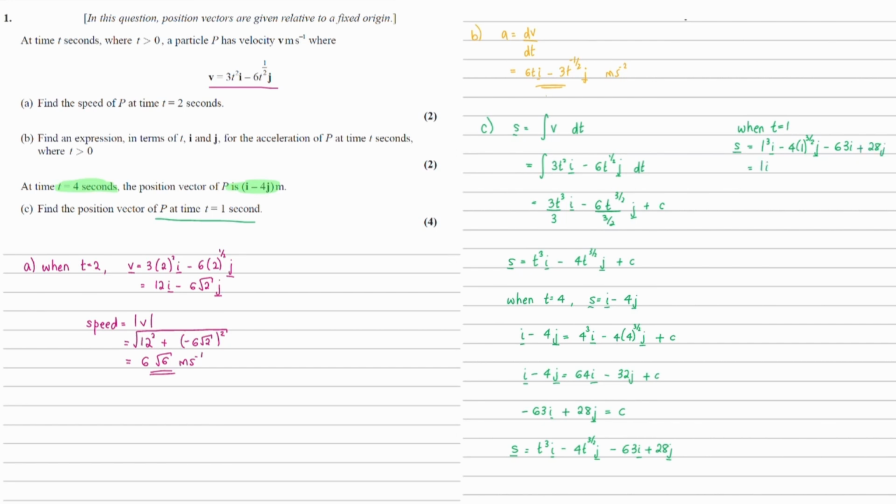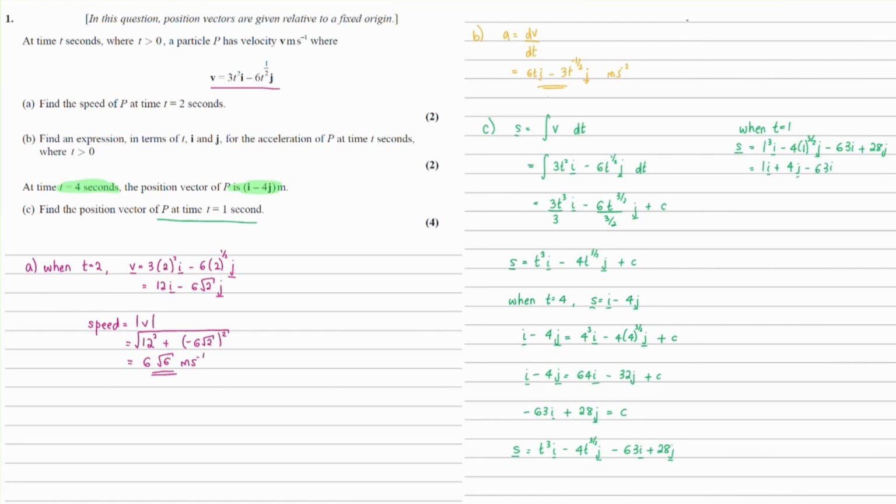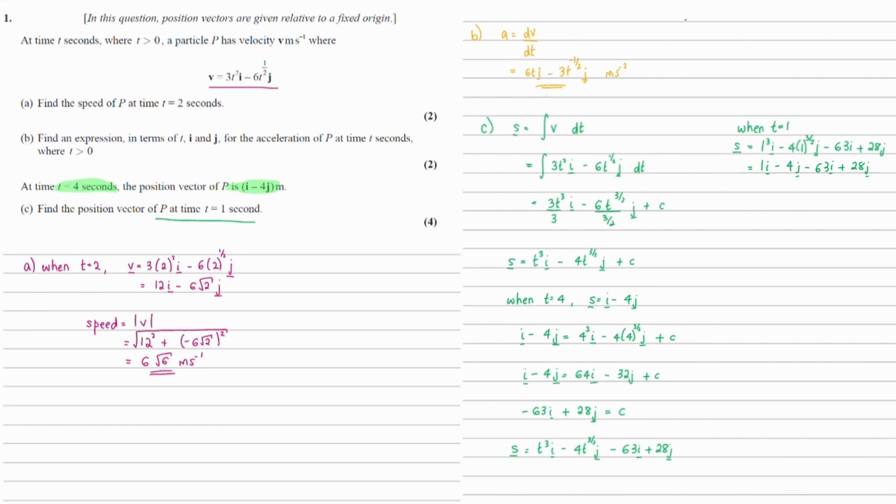You can just write this as 1i minus 4j minus 63i plus 28j. And we can now group the i's together. So 1 minus 63 will be minus 62i, and minus 4 plus 28 will be plus 24j. So our position vector when t is equal to 1 is minus 62i plus 24j meters.